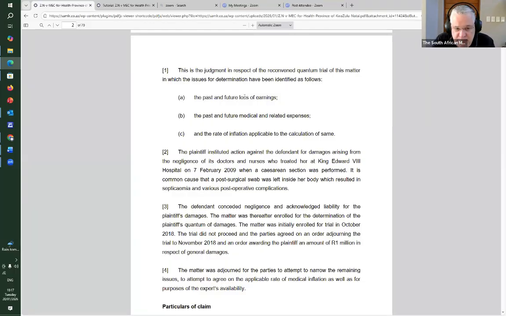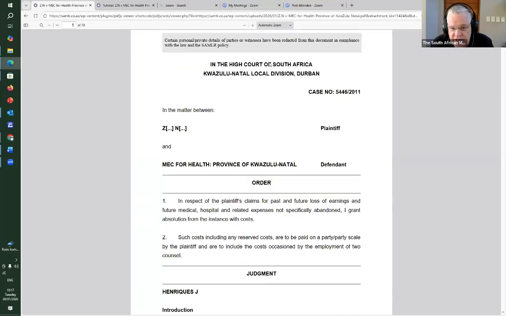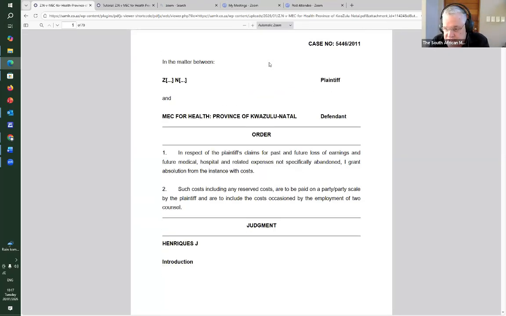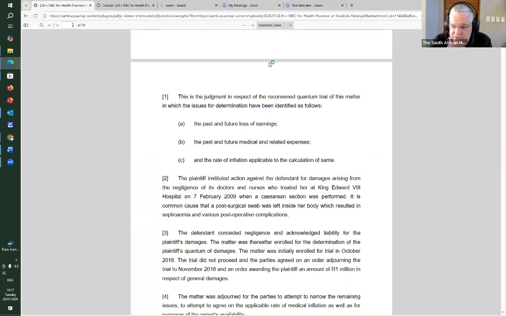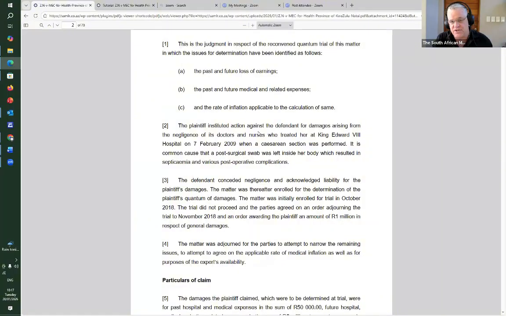So paragraph 2: the plaintiff instituted action against the defendant, and remember the defendant here is the provincial MEC for Health, so Department of Health, for damages arising from the negligence of its doctors and nurses who treated her at King Edward VIII Hospital on the 7th of February 2009 when a caesarean section was performed. It is common cause that a post-surgical swab was left inside her body, which resulted in septicemia and various post-operative complications. So you see, immediately we're setting the stage here.